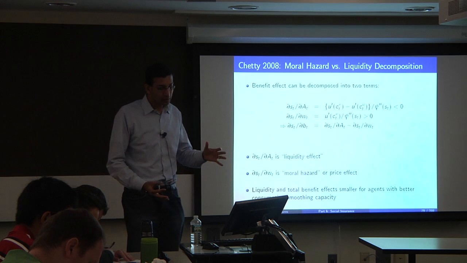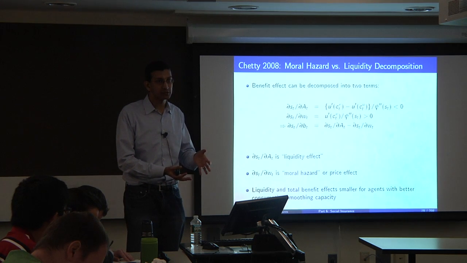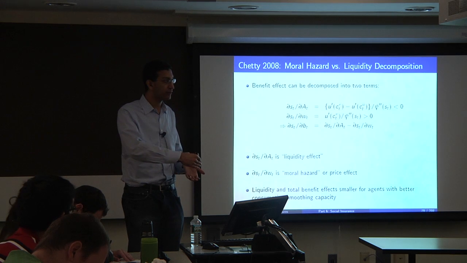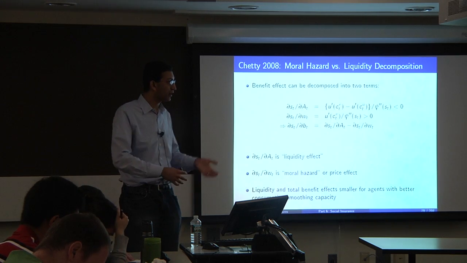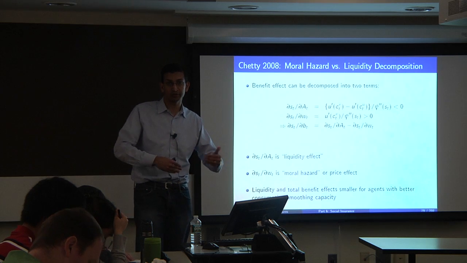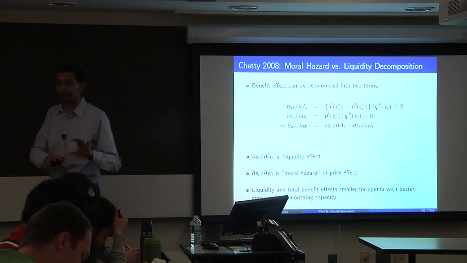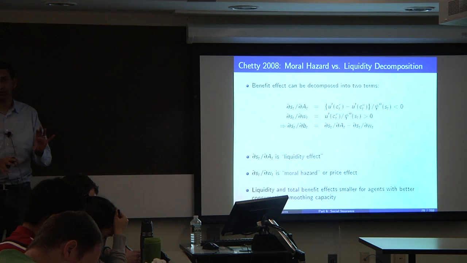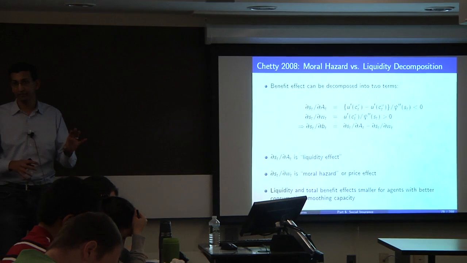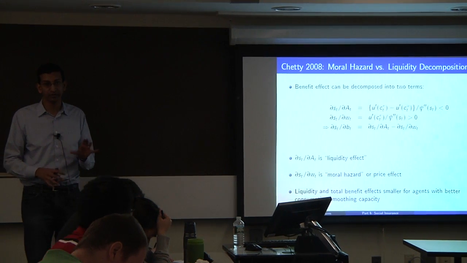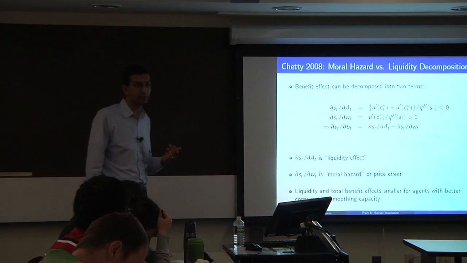So that decomposition makes sense intuitively. You can think of an unemployment benefit increase as combining two things, providing a cash grant and distorting wages or putting in a tax. And it turns out that we can estimate both of these in the data, and the relative magnitude of liquidity and moral hazard effects is going to tell us something about optimal policy.